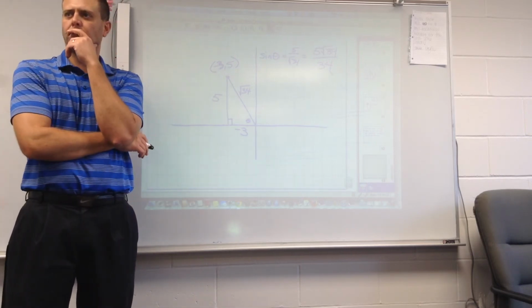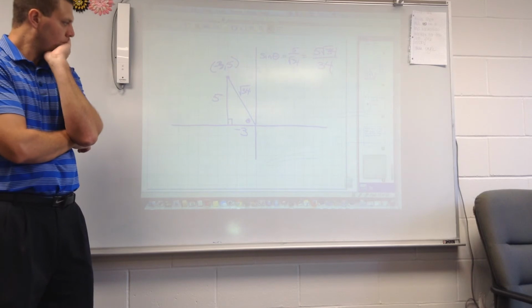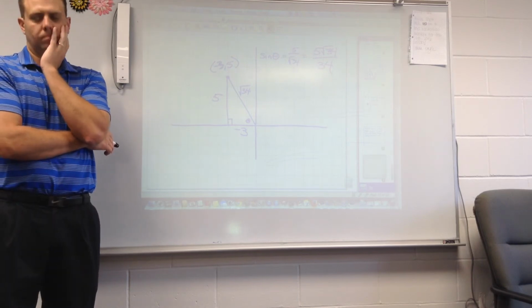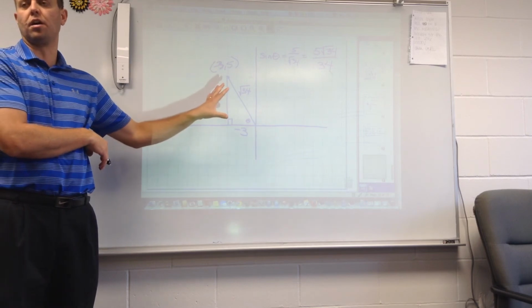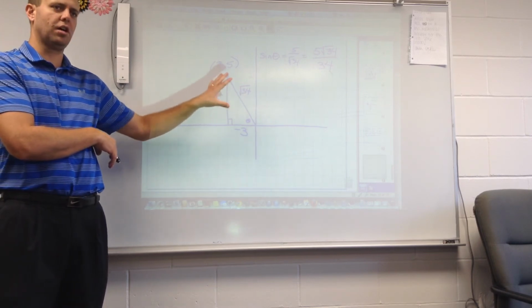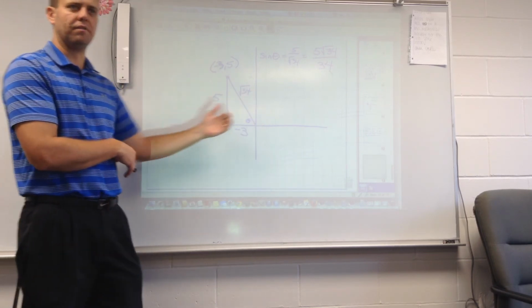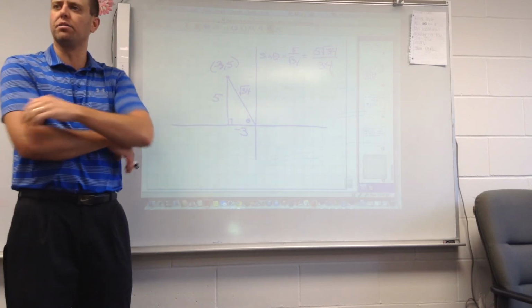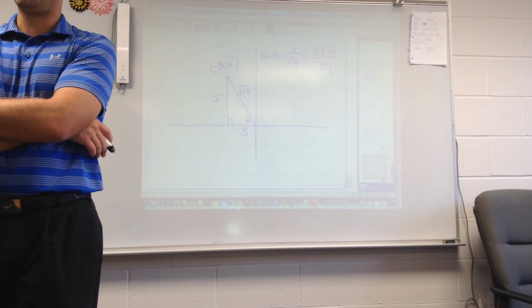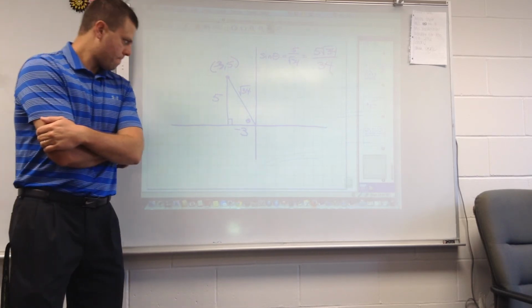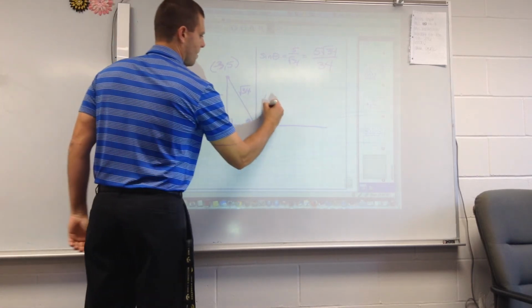Questions? So, like, when you're doing cosine or anything using the -3, would you use that 3? Use negative. Good question. Anytime we put it on graph paper, we have negative x values or negative y values, you got to use those negatives at that point. So like the tangent would be 5 over -3 or something like that.